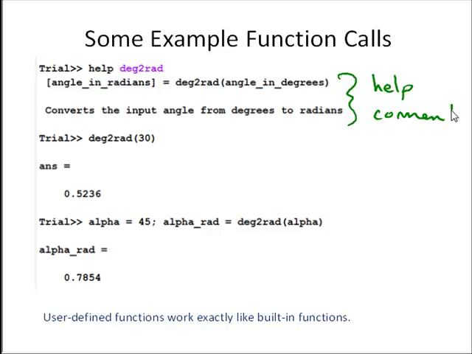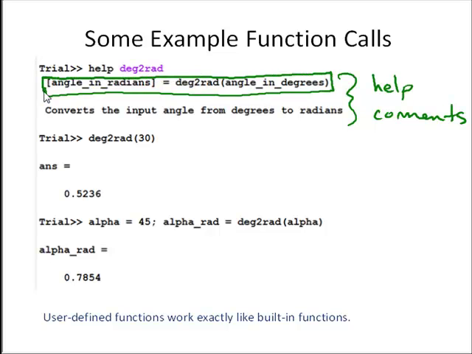One thing that's important in the help comments for a function M file that's a little bit different from a script M file is we really want to include this information on how we call the function. What are the input variables and what are the output variables? It'll become more clear as to why that's important as we talk about multiple input and output functions in a minute. So we can use it just like a built-in function.